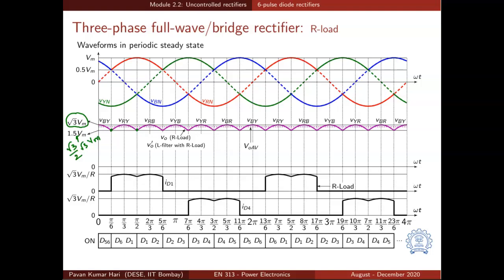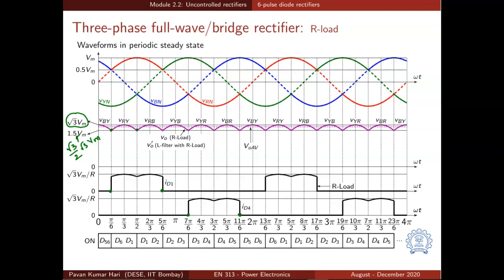We know that D1 and D4 conduct only for 120 degrees in a line cycle. So from 30 to 150 D1 conducts and it will be off for the remaining duration. Similarly, from 210 degrees to 330 degrees D4 conducts.